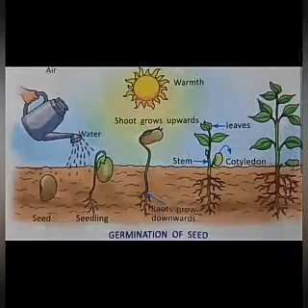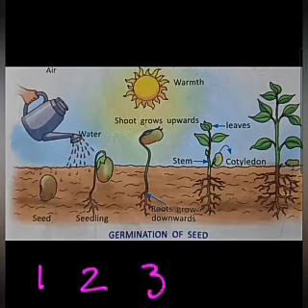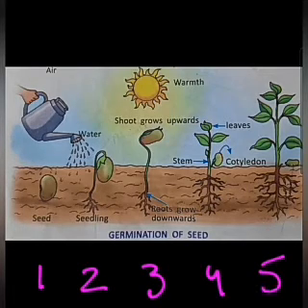Now children, here we are going to study in detail the process of germination of a seed. The process of germination undergoes 5 different stages, which are shown here through this diagram. But before going through the germination process, let us try to find out whether the necessary conditions required for the growth are present or not.